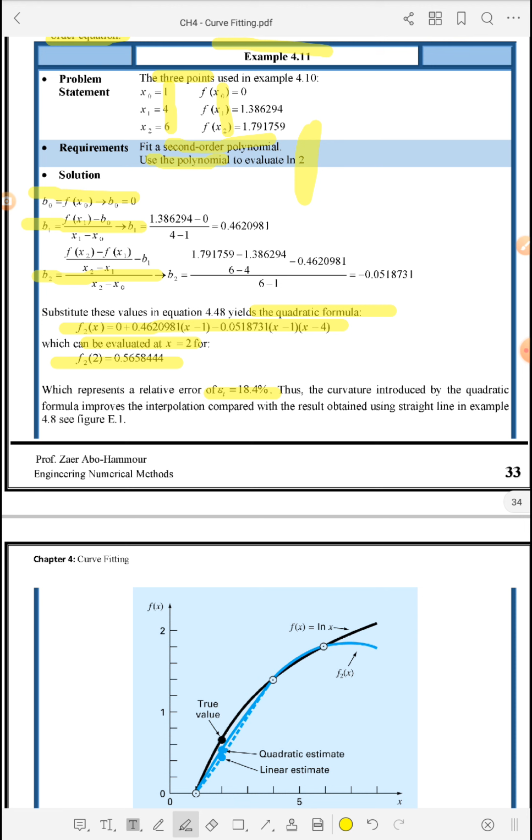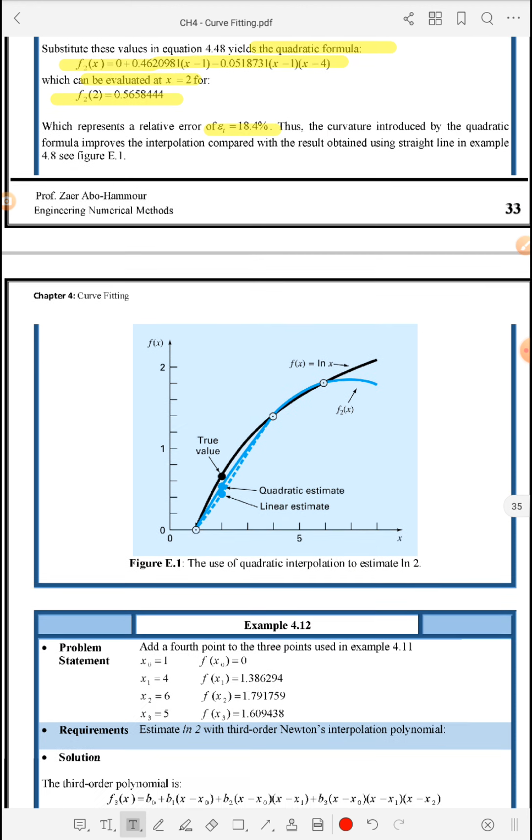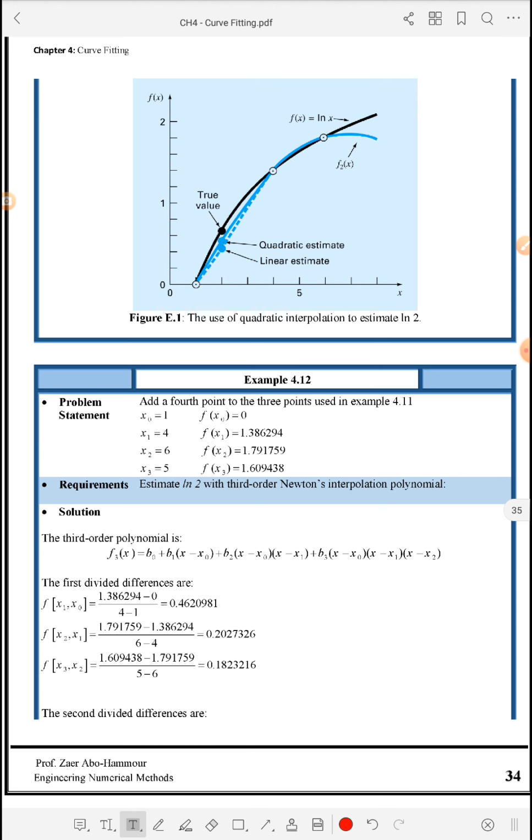Okay, and if we pay attention to this figure, the black one is the original function ln x, and this is the second order polynomial, while this dashed line is the first order polynomial between 1 and 4, which was the best in the previous example.